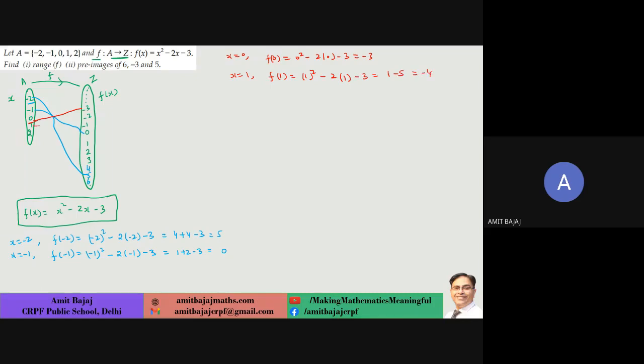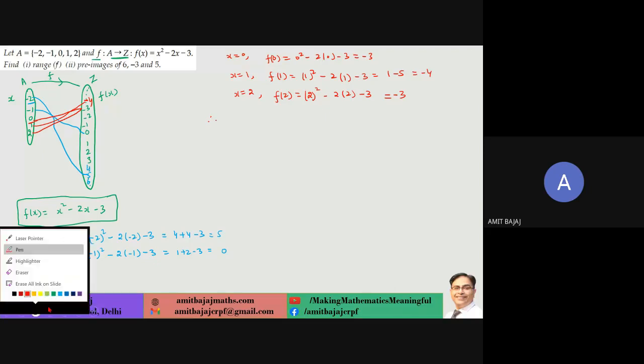So 1 goes with -4 over here, and finally when x is 2, f of 2 we calculate, and that is clearly 4 minus 4, 0, and -3. So f of 2 goes with -3. I hope the idea is clear.